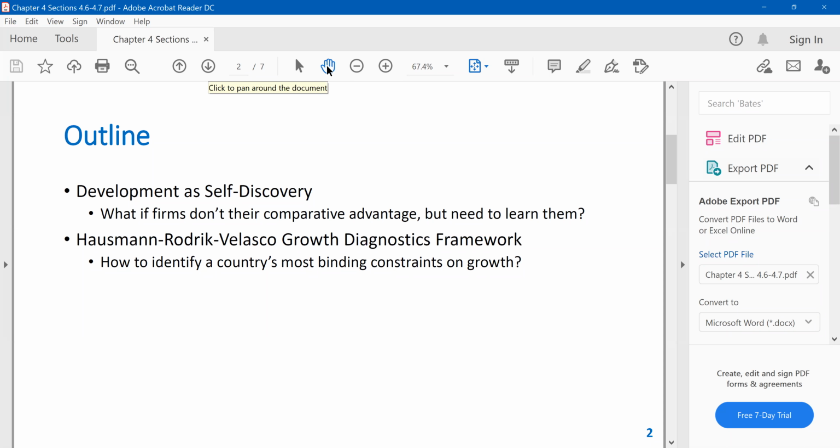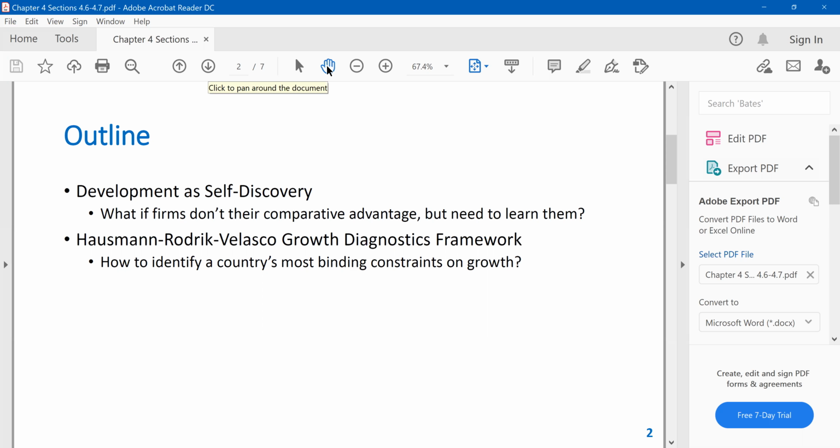And then we have the growth diagnostics approach. It's much richer than the self-discovery approach. This has been developed by Hausmann, Rodrik, and Velasco. The question is how to identify the barriers. Okay, what are the barriers to growth that these underdeveloped countries are currently facing?